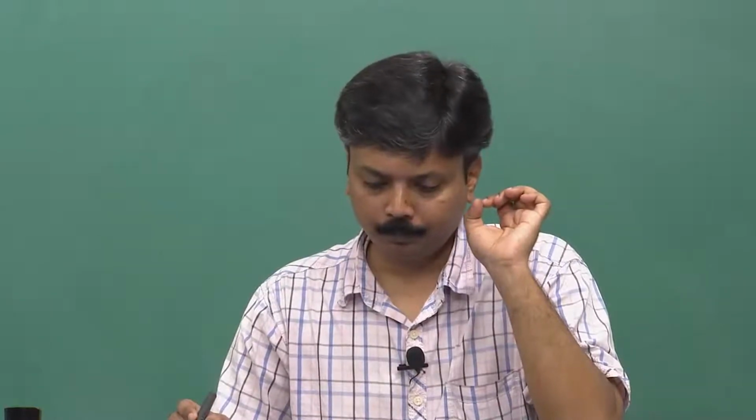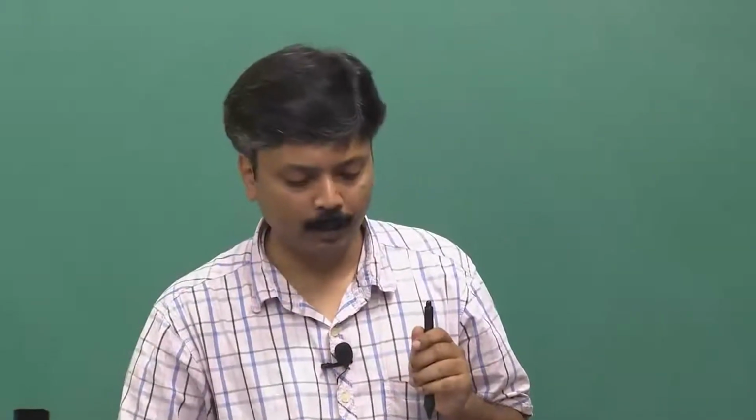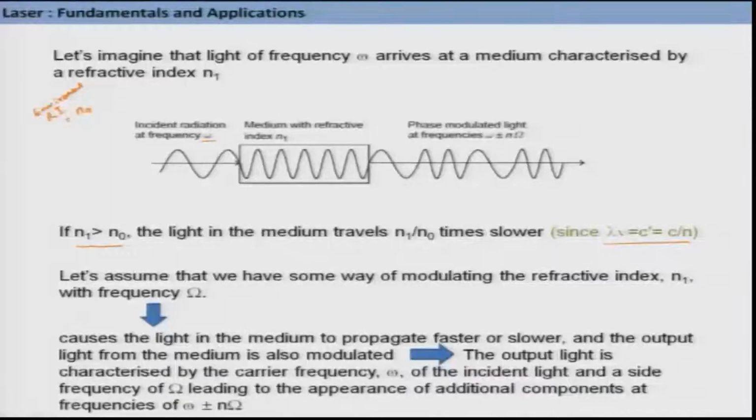Now, if we can somehow modulate the refractive index of the medium, N1, changing it to N1 prime, N1 double prime and so on, we do not know how, but if we can do that with a particular frequency, say capital omega, then that will cause the light in the medium to propagate either faster or slower.